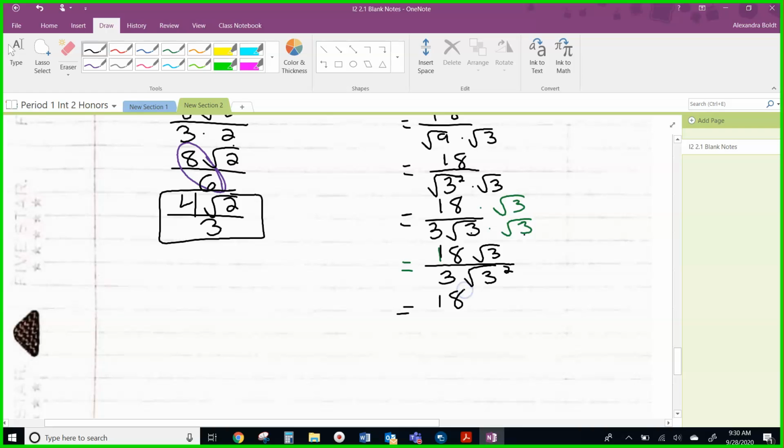Which is 18 square root 3 over 3 times, well, the square root and the squared cancel. Which gives me 18 square root 3 over, well, 3 times 3 is 9.